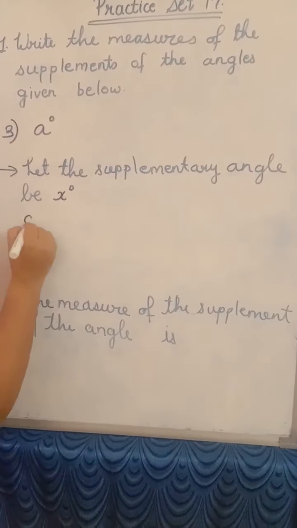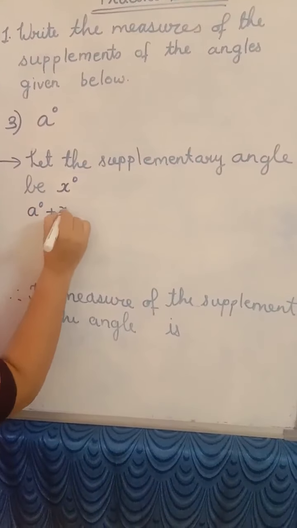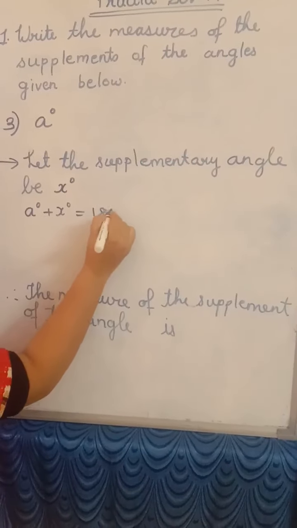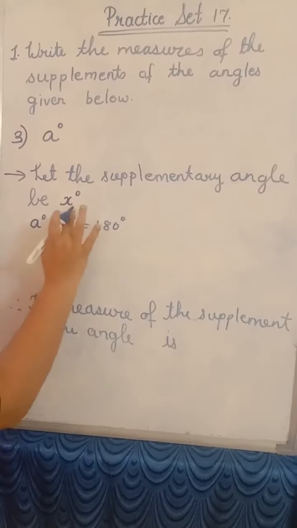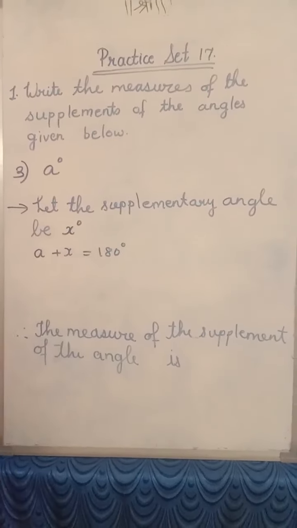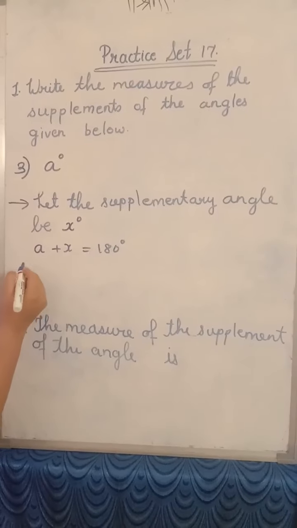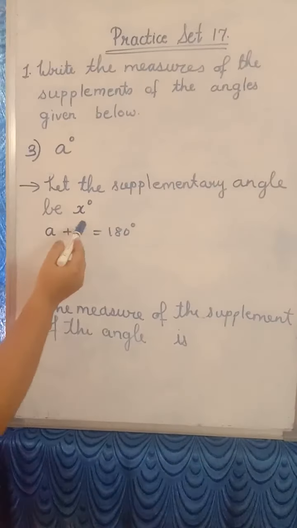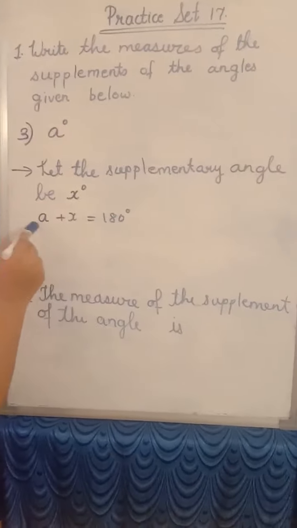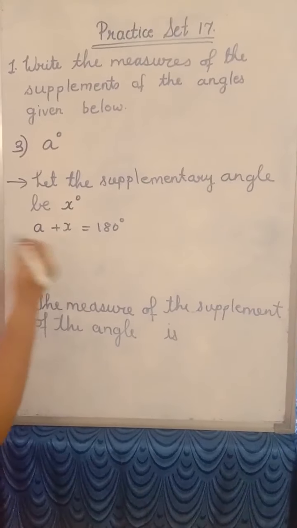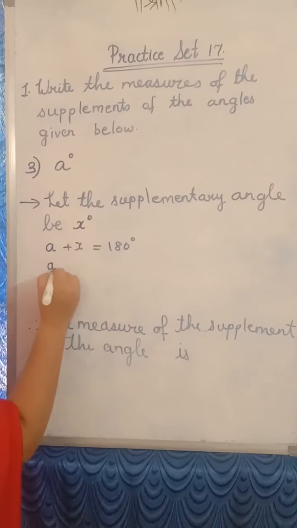So A degrees plus x degrees is equal to 180 degrees. You can write like this; if you don't write degrees here, A plus x is equal to 180. Now we have to find the value of x, so we have to remove A. So subtract A on both sides.